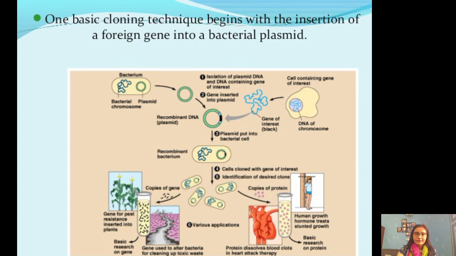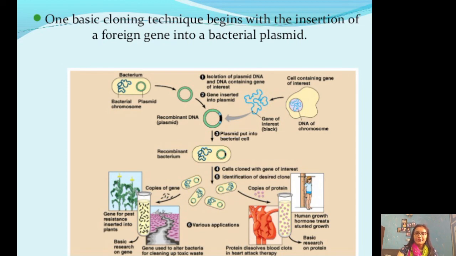Then we cut out the fragment of this gene with the help of the nuclease enzyme, and insert it into this plasmid with the help of the ligase enzyme. This plasmid containing the gene to be cloned is called recombinant DNA or recombinant plasmid, because it is made by the combination of plasmid and the gene to be cloned, or DNA fragment.